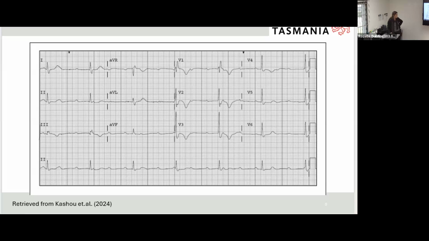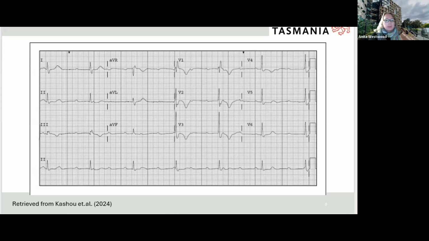Cool. When you say complete heart block, you mean third degree heart block? Third degree, yeah. But then if you've got two independent patterns, you would have a regular P wave pattern, and you would have a regular QRS pattern, wouldn't you? Yeah, but we don't have any regular QRS pattern. We do actually.